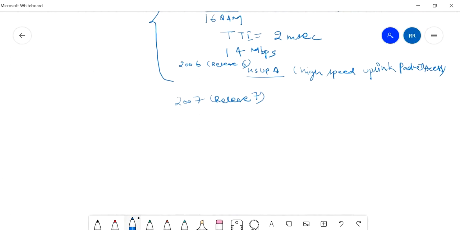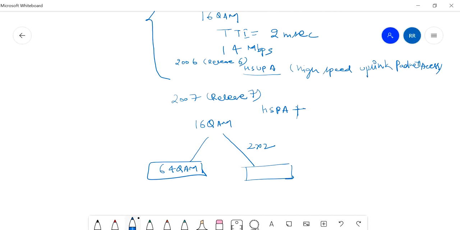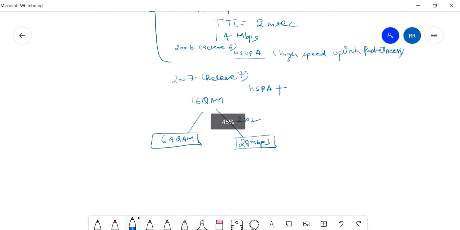Anyway, after that, in 2007, release 7 came. In that, HSPA plus came, and in that from 16 QAM, it also had 64 QAM, and with 2 by 2 MIMO, we used to get 28 Mbps speed in HSPA plus.